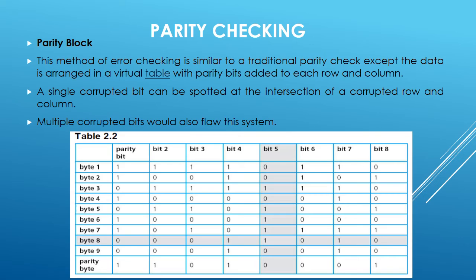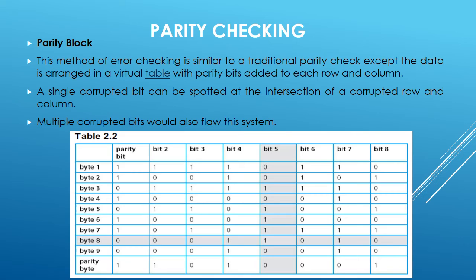In column 5, you need to see there are 5 ones. So to make it even, we need to add 1 here. But if you just look at the last row, in the fifth column, 0 is there. So it means this column contains some error because the parity is wrong.